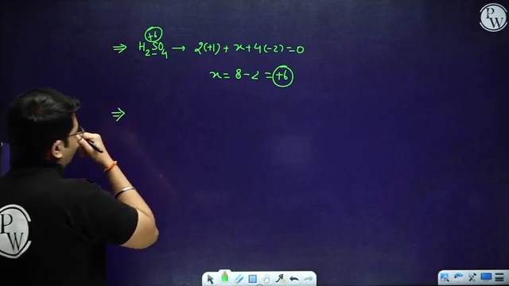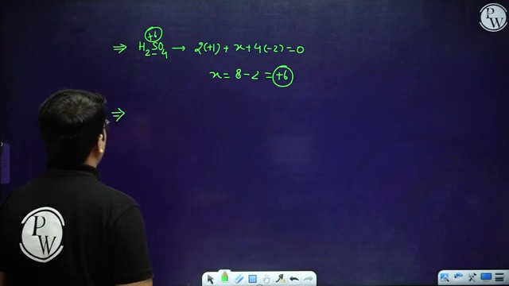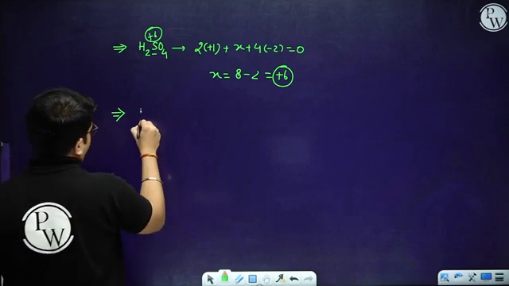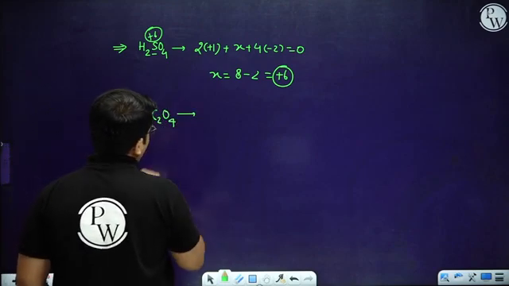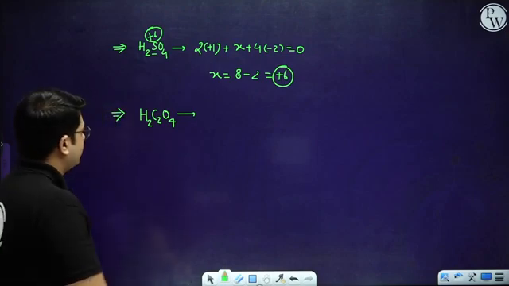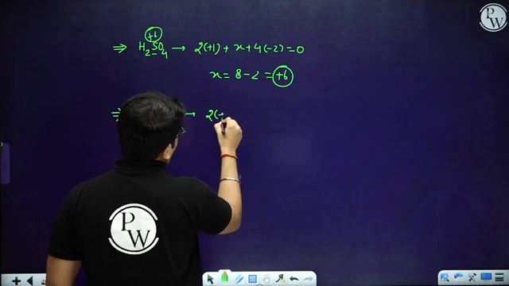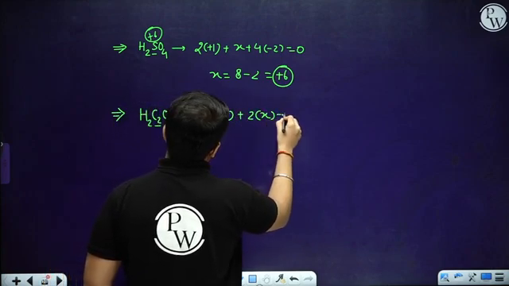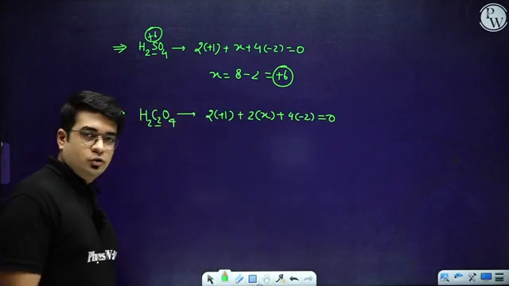Let's say we have H2C2O4, which is oxalic acid, and I want to calculate for carbon. So 2 into +1, plus 2 into X for carbon, plus 4 into -2 for oxygen, that is equal to 0.